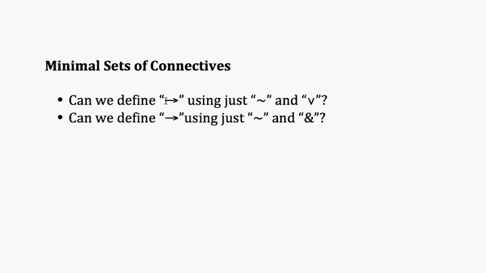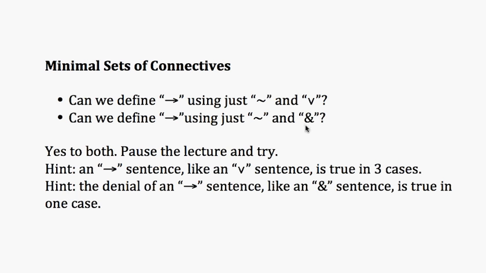Carrying on, can we define the arrow using just not and or? Well, as you might guess, the answer is yes. Can we define the arrow using just not and and? Once again, you might guess the answer is yes. So once again, pause and try.